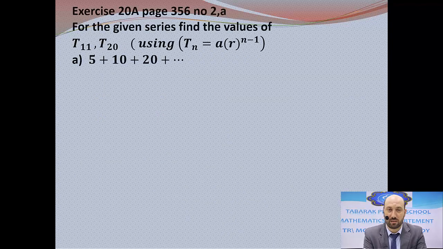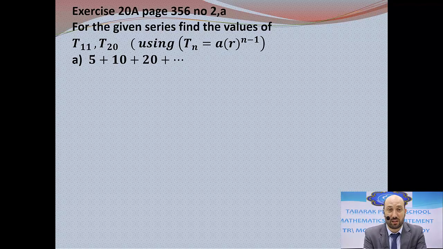So for exercise 20a, page 356, number 2a. For the given sequence, find the values of the 11th term and the 20th term, using Tn equals a times r power n minus 1. So for number a here, 5 plus 10 plus 20.